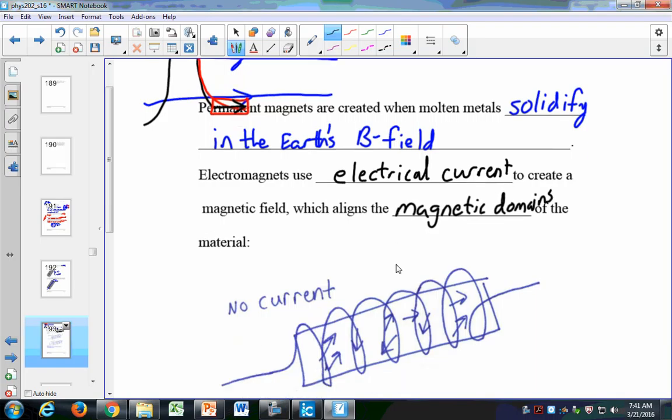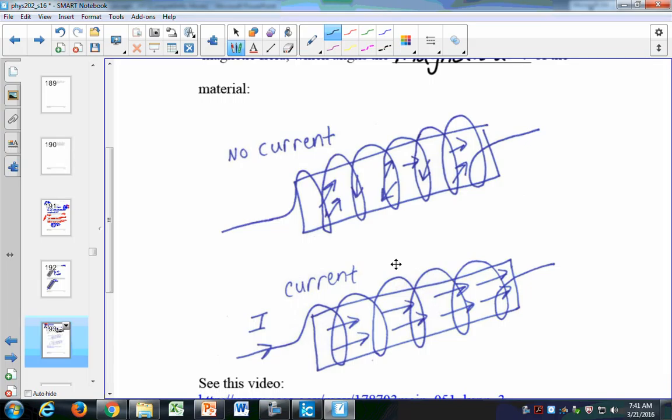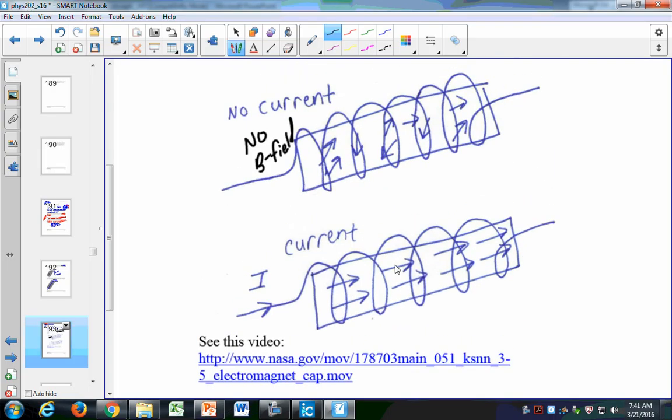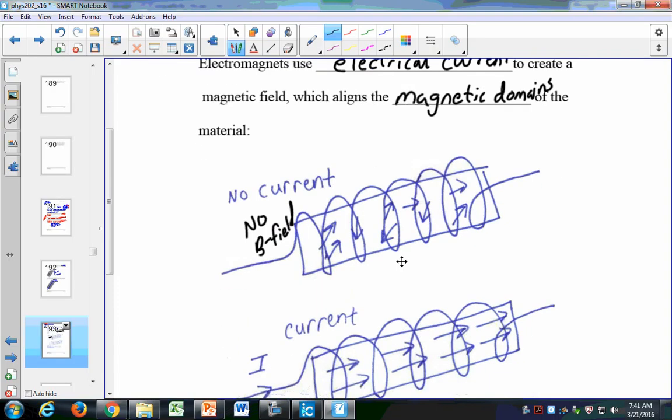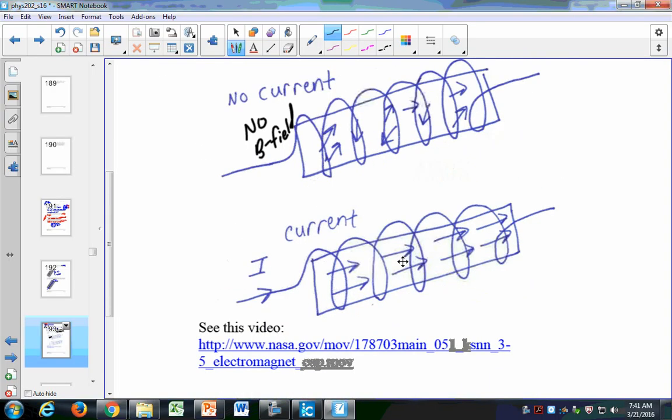If you just have a wire with no current flowing through it, then there's no magnetic field. But if you have a wire with a current through it, whether there's a piece of material through it or not, so even if I just have a wire like this with nothing going through it, if I have a current through it, then there is a magnetic field. It generates a magnetic field.